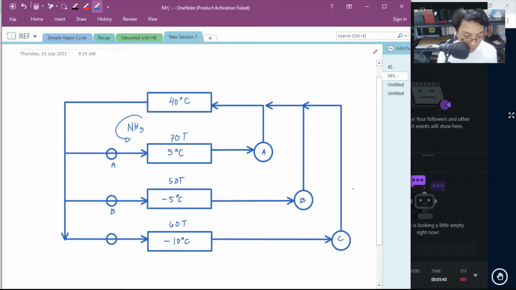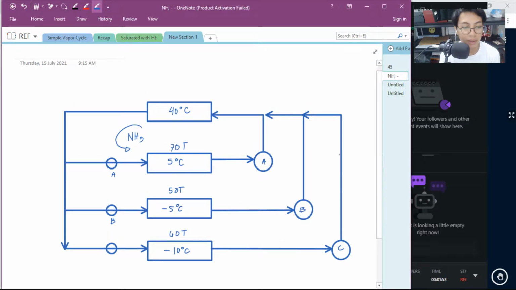Now, ano yung magiging conditions and phases ng ating refrigerant at different points for us to understand. Now we have 3 evaporators, three expansion valves, 3 compressors.